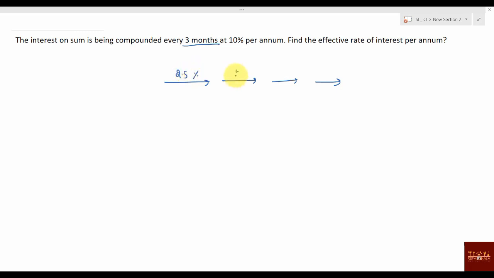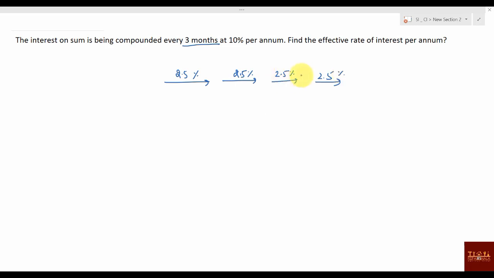So 2.5%, 2.5%, 2.5% and 2.5%. You can find the approximate value at last and say the effective rate of interest percentage. Clear? Yes or no? Okay.